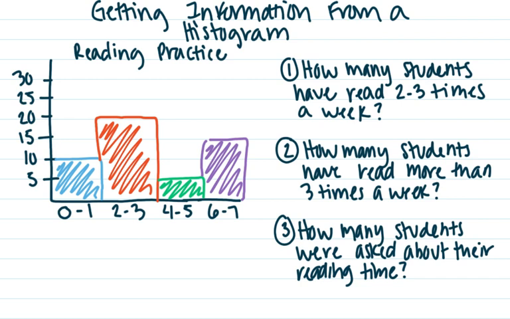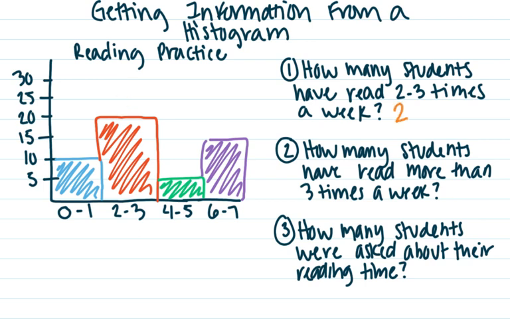How many students have read 2 to 3 times a week? So 2 to 3 times, that is going to be this column right here. And so that is 20 students. So 20 students. That's how tall that column is. Oops. Let me redo that.